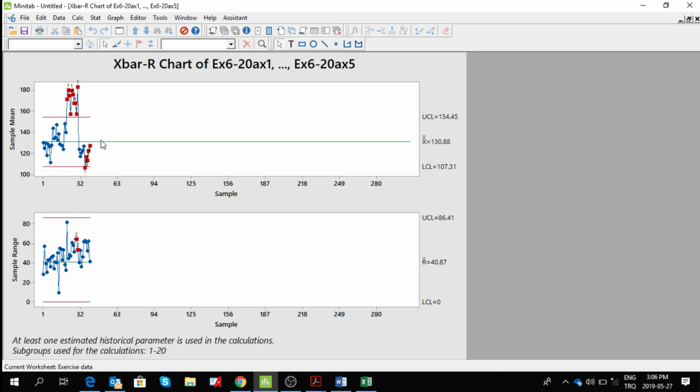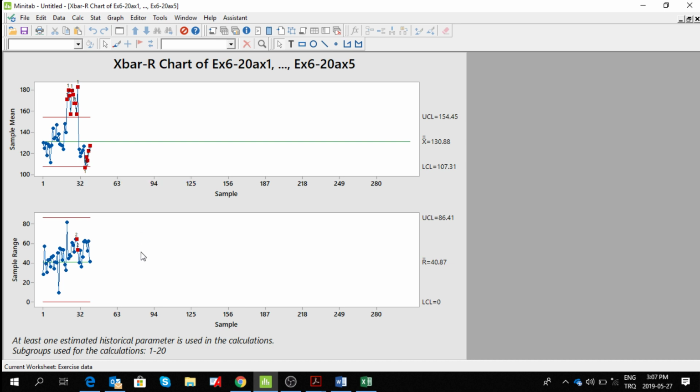Now we have a better picture in the X bar chart. See, only one is out of control, right? Sample 36, test 1 failed. The red ones show which tests failed. This is test number 2 that failed, and here test 2 failed. Test 5, 6 failed here.